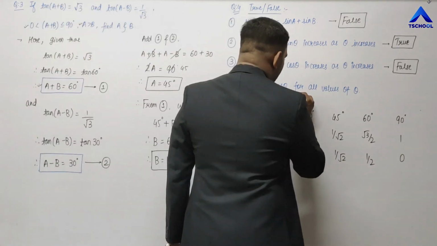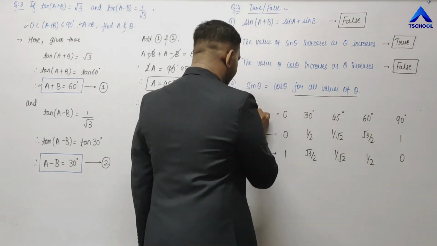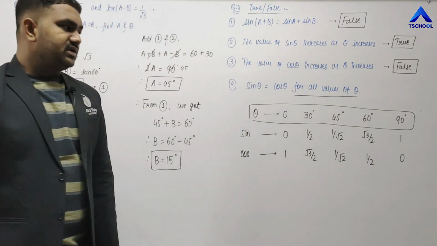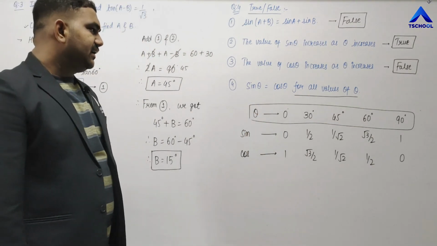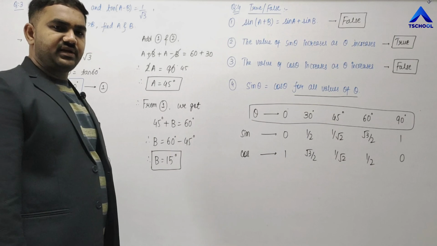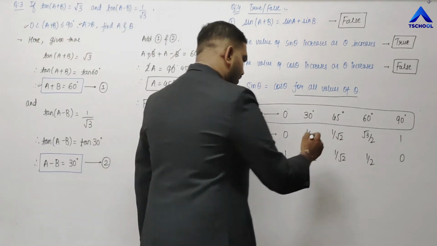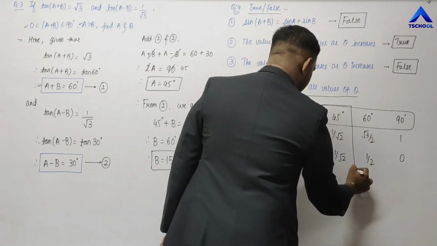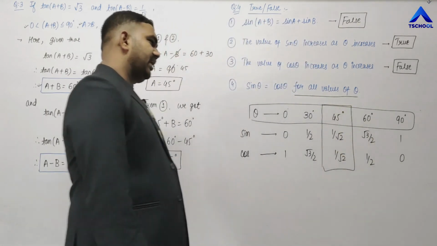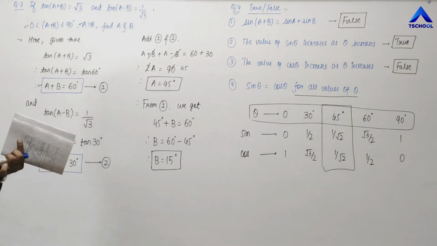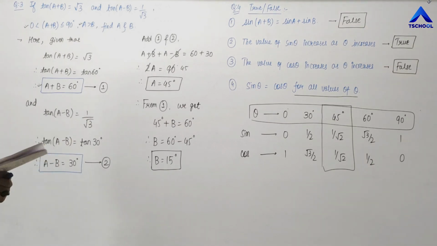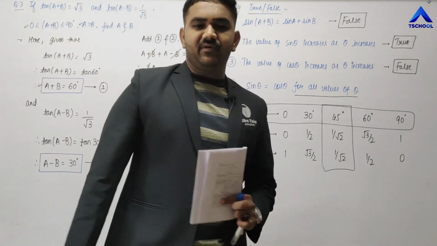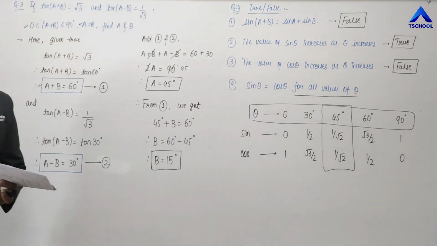So for all values of theta, that means for all of these values 0, 30, 45, 60 and 90, is sine theta equal to cos theta? No, they are not equal, but only for one of the values they are equal, and that is 45. So only for theta equals 45, sine theta and cos theta are equal, else they are not equal.